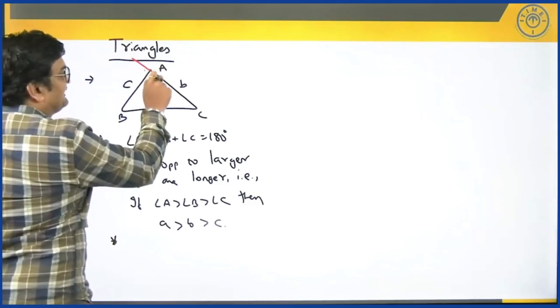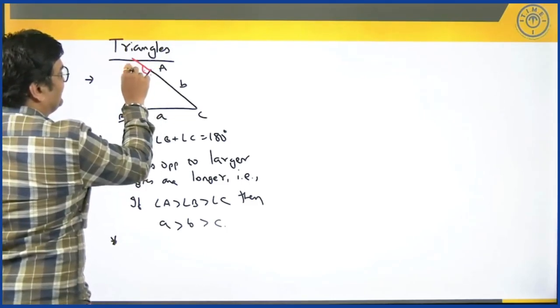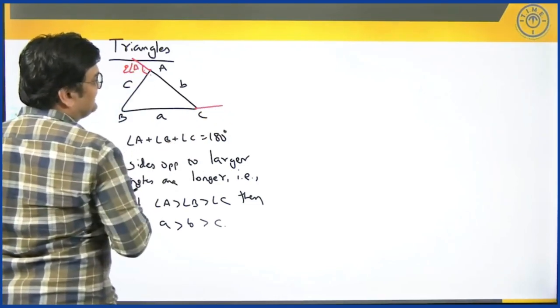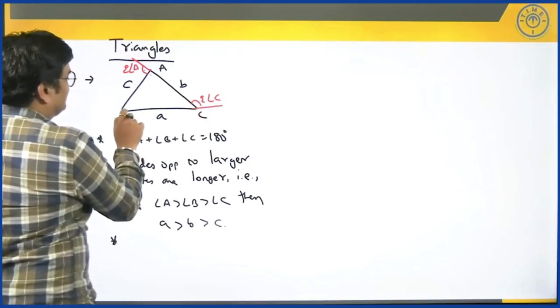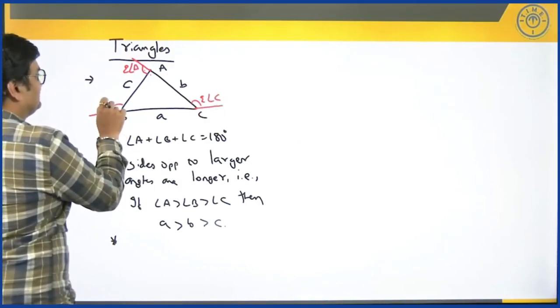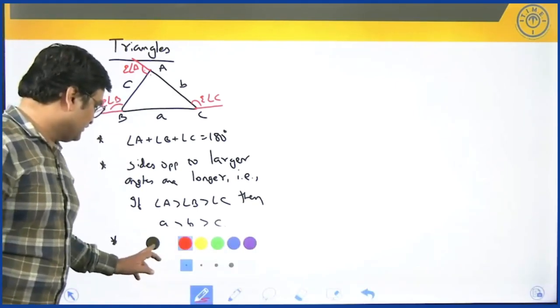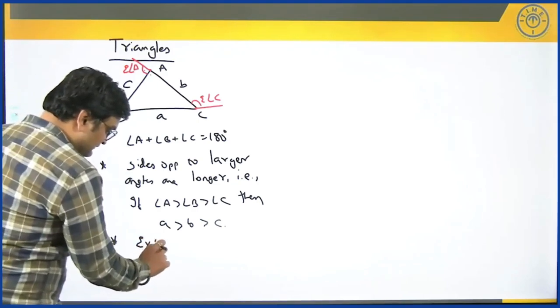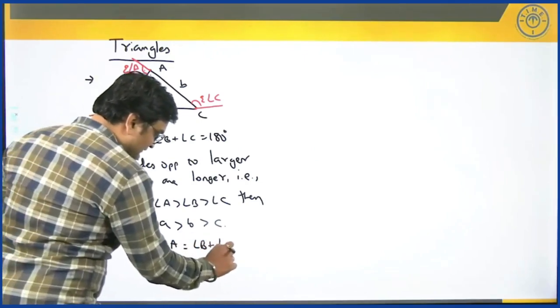Out of this linear pair, one is the interior angle and this is what we call the exterior angle A. Similarly, we can imagine that exterior angle C here would be this. And similarly, exterior angle B. So there is a property pertaining to exterior angles also. The property is each exterior angle is equal to the sum of interior opposite angles.